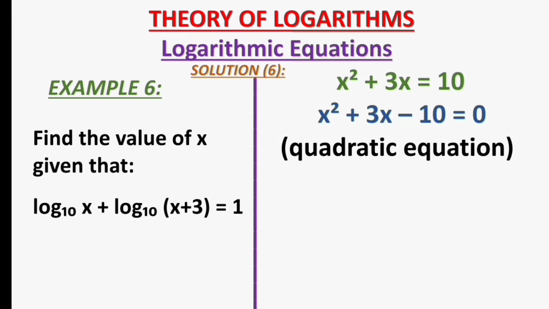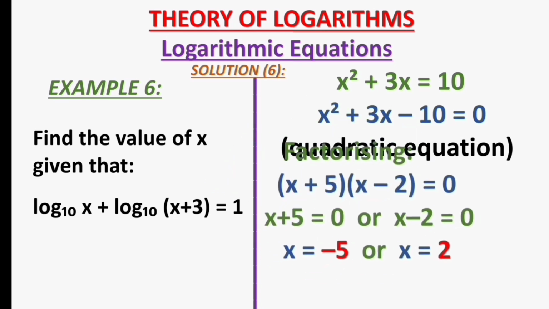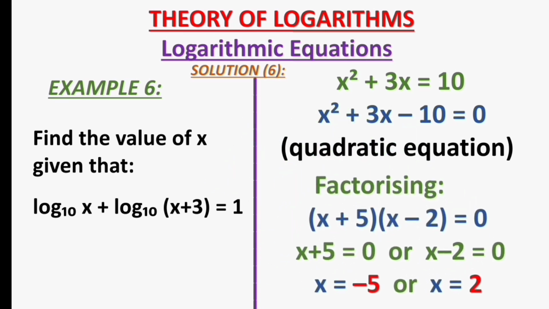When you solve this quadratic equation, what will be our value of x? Let's see if you are right. Factorizing the quadratic equation, we are going to have two factors, which are (x plus 5) into (x minus 2) is equal to 0.